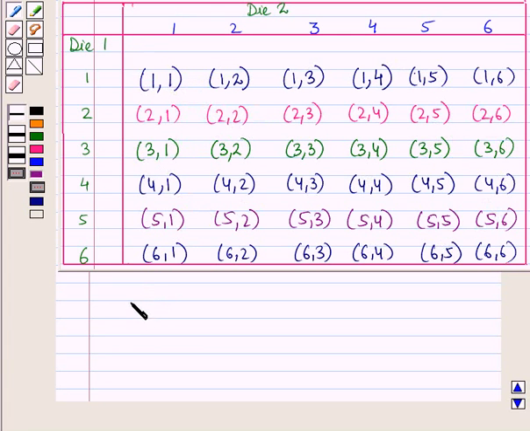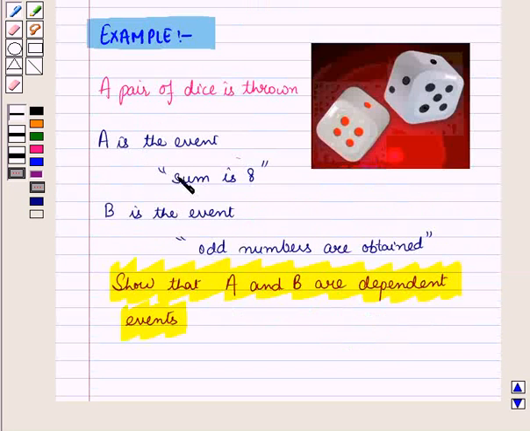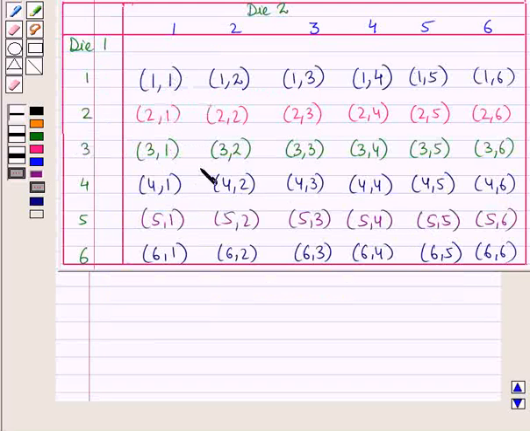It means number of elements in sample space S is equal to 36. Now here A is the event, sum is 8. It means here we have to check for those ordered pairs whose sum of first and second components is 8.